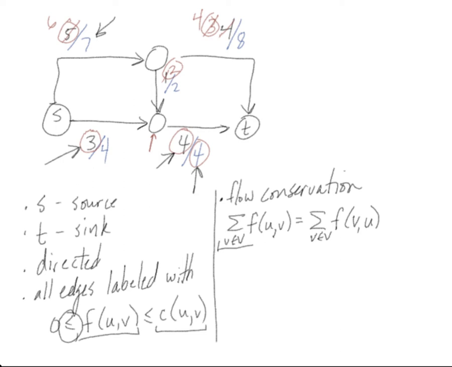This represents the flow into V. So the flow from every neighbor U, or every vertex U, into V. This is the total flow from V, or it's the outflow. And this is the inflow. So flow conservation is just a fancy way of saying that the amount of material coming into a vertex has to equal the amount of material coming out. That's flow conservation. We have another similar property in a flow network, and it's this.